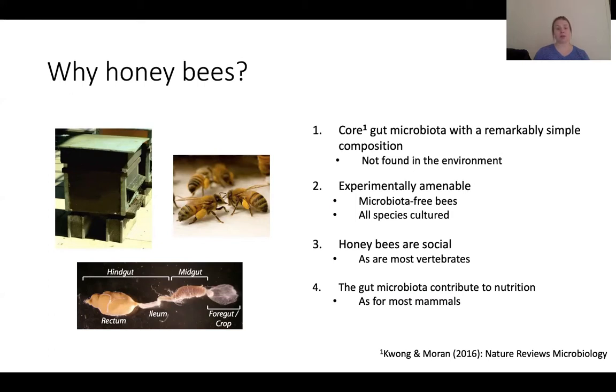But the honeybee gut microbiota is a bit of an exception. It's actually remarkably simple. And that's a big advantage for studying the community because it makes the data analysis much easier. We also know that the bacteria in the honeybee gut are not found in other places. At least we haven't found them anywhere else yet.